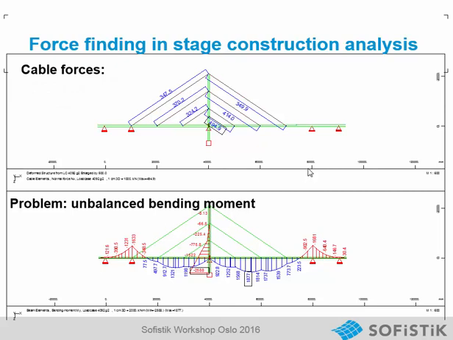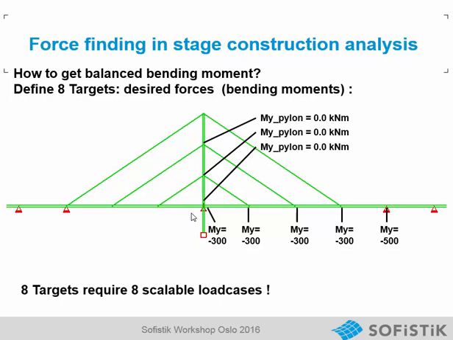Now it is best to use the bending moment as a target. We want to optimize the bending moment because targeting the deformation is not possible if we have a construction stage analysis. The target that we want is in the superstructure.